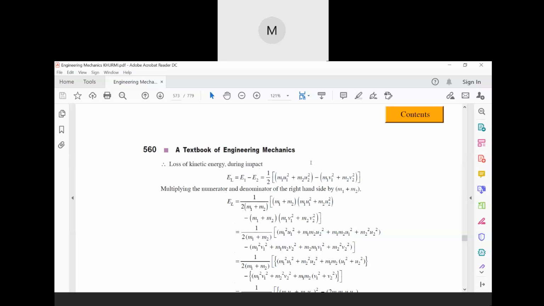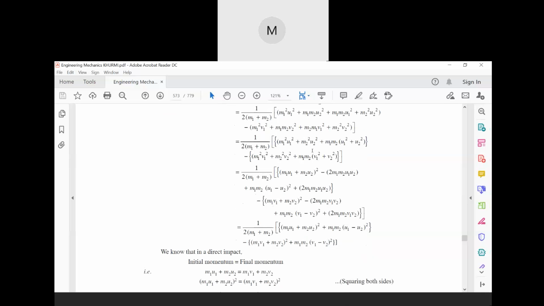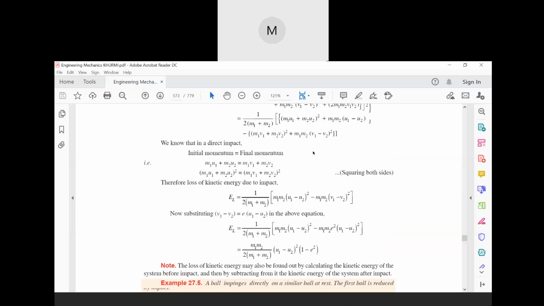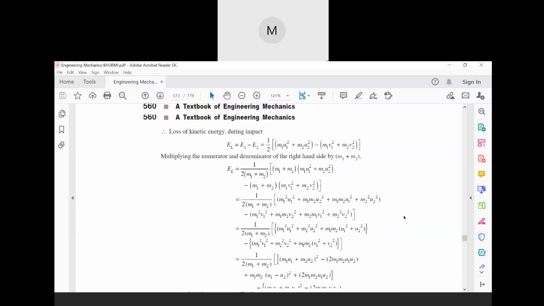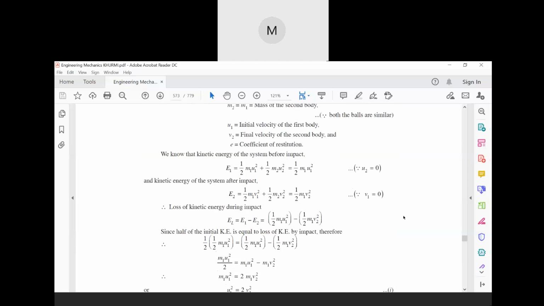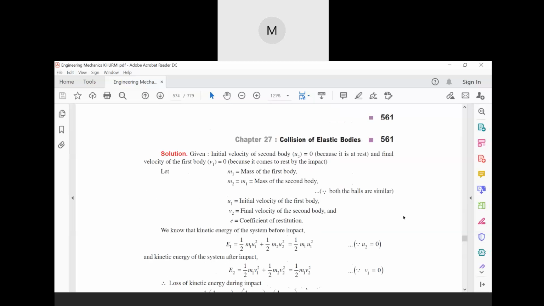So now this equation, if you solve it, we will be getting the expression in terms of this, which can be said as the EL. EL means the loss in kinetic energy.